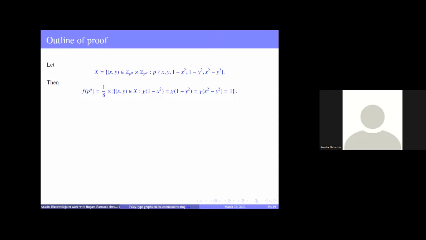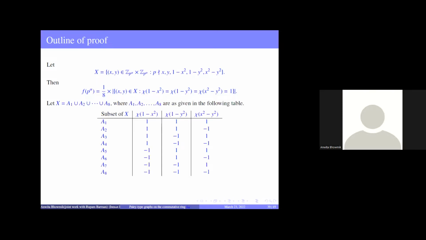So that's why, to compute f of p to the power alpha, we need to divide by 8, so 2 times 2 times 2. Now we are partitioning this set X into 8 parts, depending on the values chi of 1 minus x square, chi of 1 minus y square, and chi of x square minus y square.